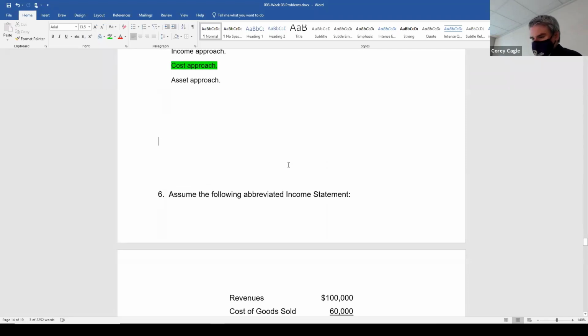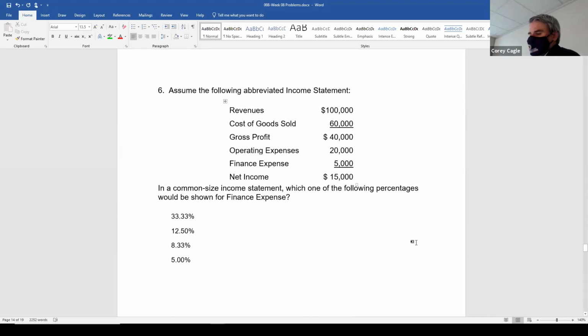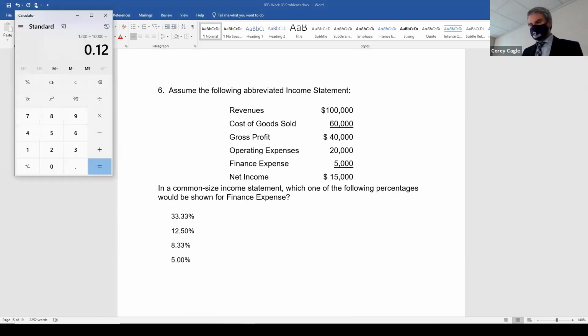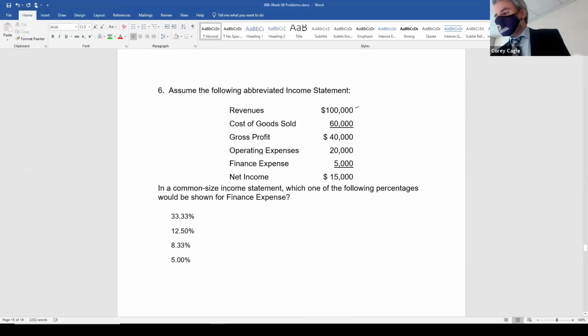Number 6, assume the following abbreviated income statement. All right, if we're common sizing this thing, what would we show for finance expense? All right, so again, everything's as a ratio to the biggest number on there. Total assets on the balance sheet, total revenues on the income statement. All right.